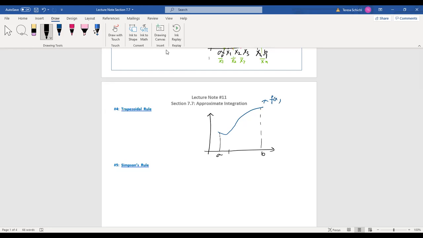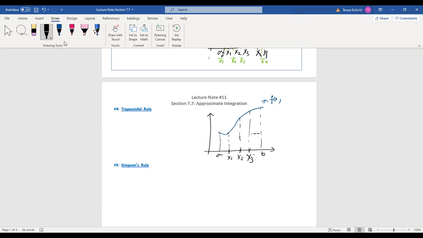I'm dividing into several subintervals, so this is x1, x2, and let me do one more interval here, so this is x3.